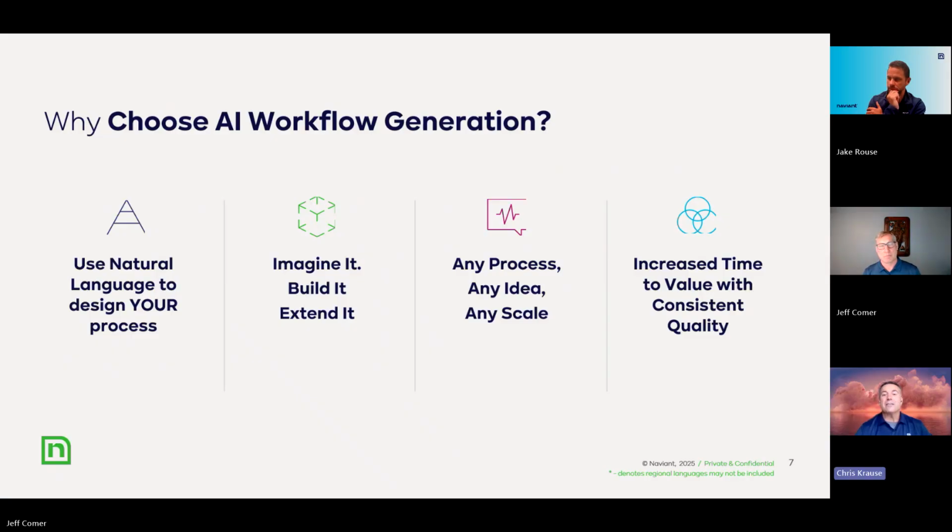Well, AI is going to give you the time to be able to add any process or take any idea at any scale and bring it into your organization. And because you're doing it so quickly, that increased time to value with consistent quality and great understanding of the process and the flow will improve outcomes for customer service and employees alike. So you can see some great updates there.